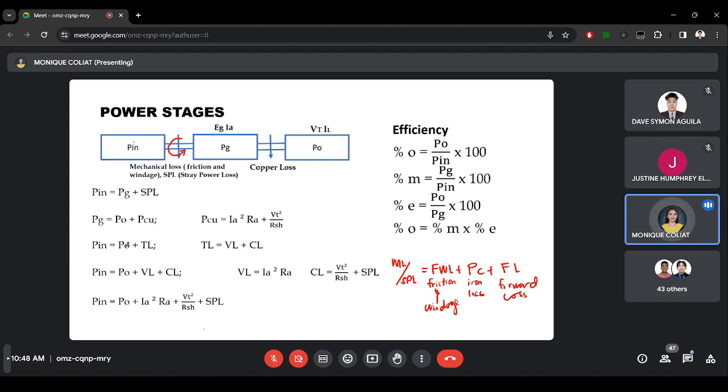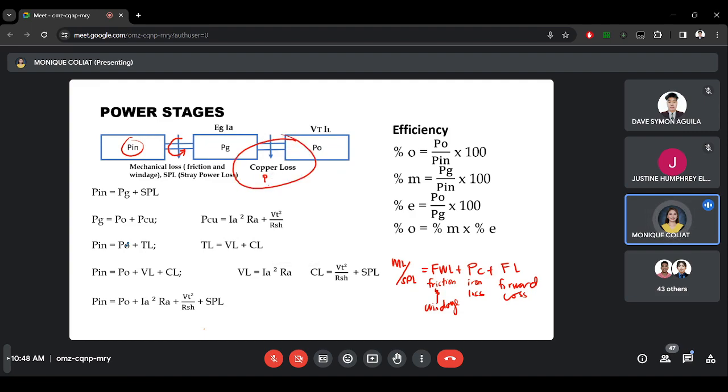So, from the input power, diba, ito po yung part ng mechanical. Diba, mechanical to electrical sa generator. So, ito yung mechanical part. That's why we have yung mechanical losses. And then here we have the electrical part. Okay? So, from mechanical to electrical energy. So, dito sa electrical part naman, we have the copper losses or PCU.